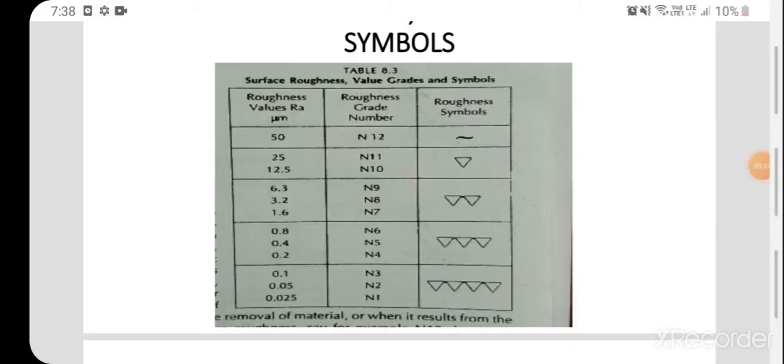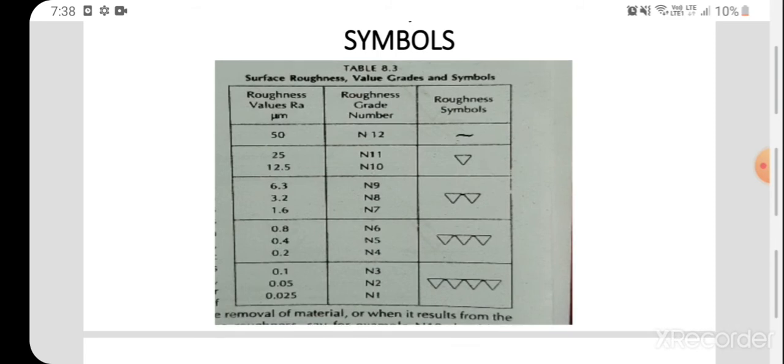For roughness values greater than 25 micrometer, the first symbol, the basic roughness symbol, is used. For roughness values less than 25 micrometer, the equilateral triangle symbol is used. For roughness values ranging from 12.5 to 25 micrometer, a single triangle is used.